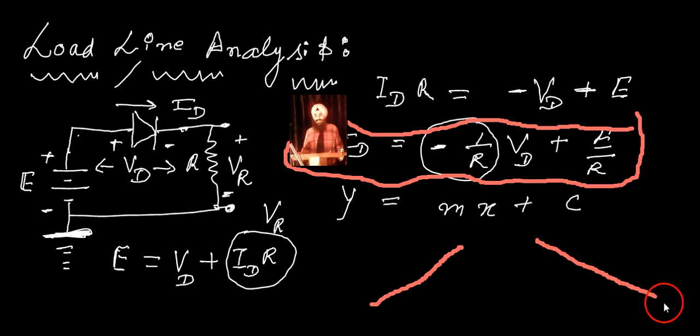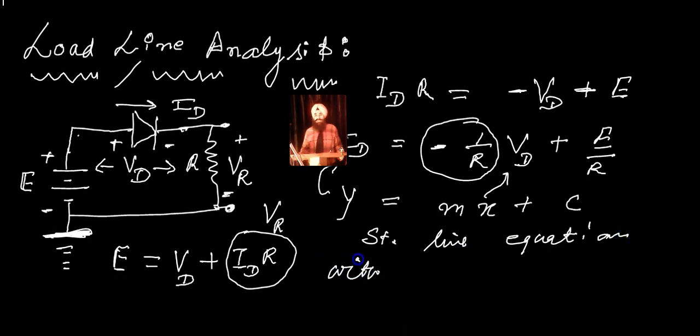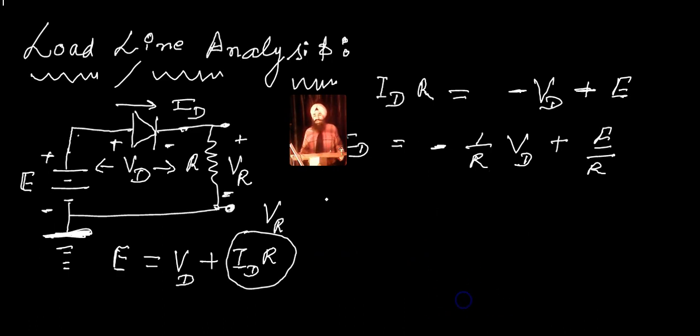It has a negative slope. So we have this line because the minus sign is here. So if you plot a graph between ID and VD, that will be a straight line with negative slope.